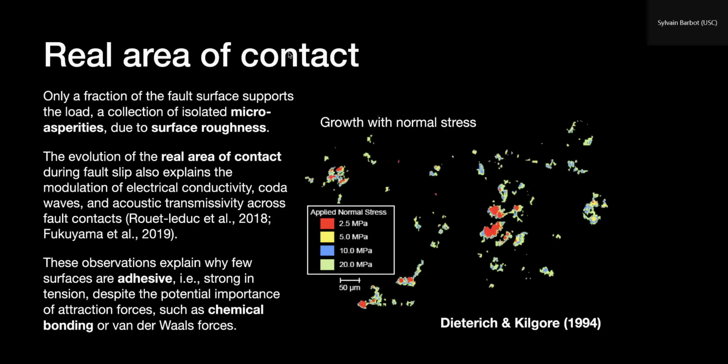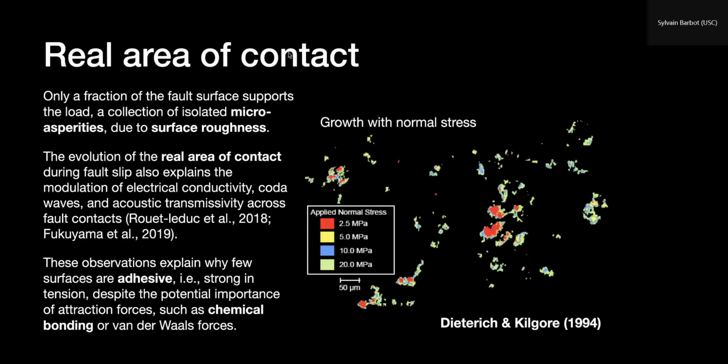And so it's quite fundamentally important, because that means that these micro-asperities, another name for them is contact junctions, are experiencing a very large load, a much larger stress than the overall contact. And so that forces them to deform faster and perhaps in plastic ways.